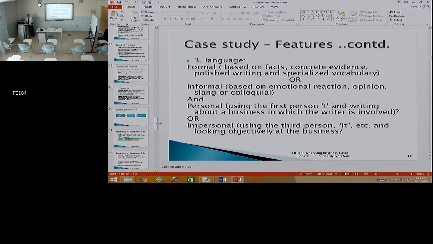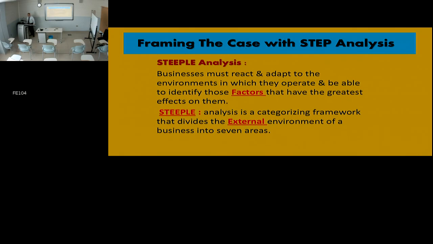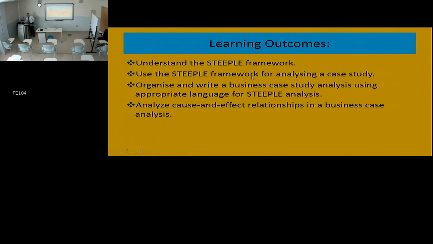STEEPLE analysis consists of 7 elements. Here. STEEPLE analysis is another analysis that's completely different from SWOT, because SWOT is applicable to any case, any situation. STEEPLE analysis is a very important analysis, and it's completely different from SWOT because, number one, it is not applicable to any case or any situation or any objects or any people or any events.